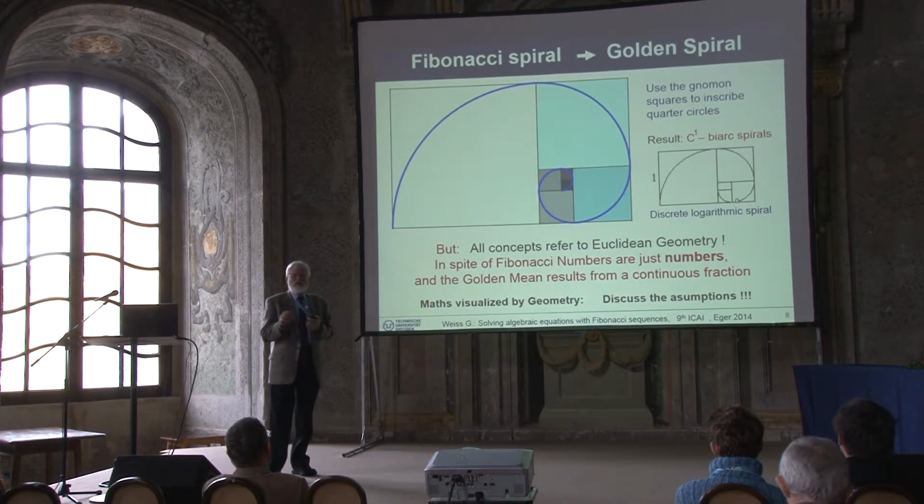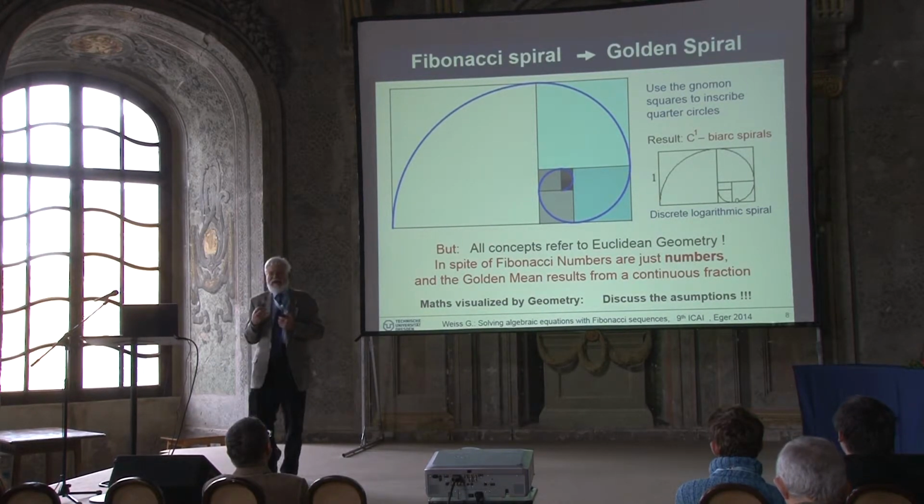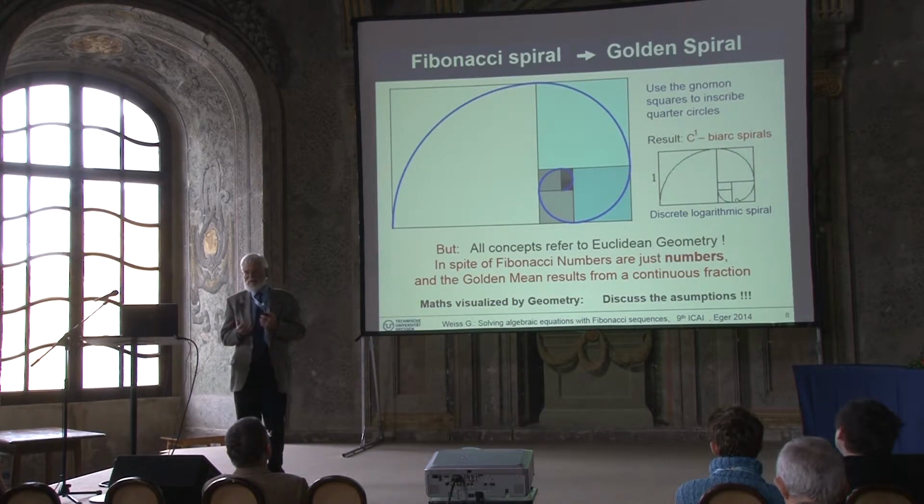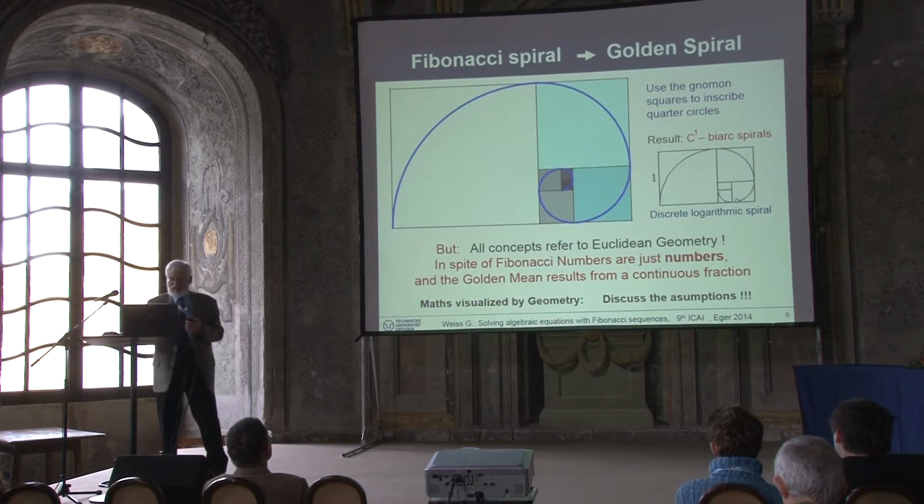Because when you compare natural snail houses with logarithmic spirals, you have the conflict at the pole, where the mathematical object turns infinitely many times around. But the snail starts with cells. And so the Fibonacci spiral is the more natural thing.